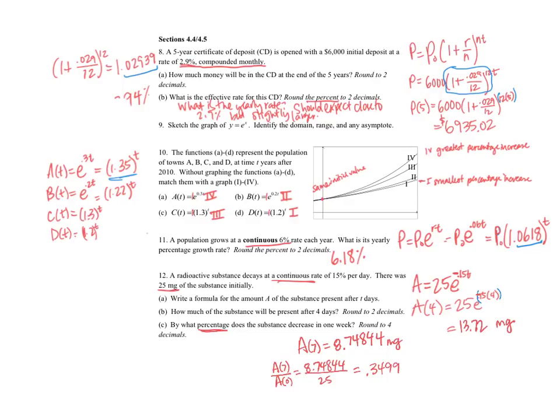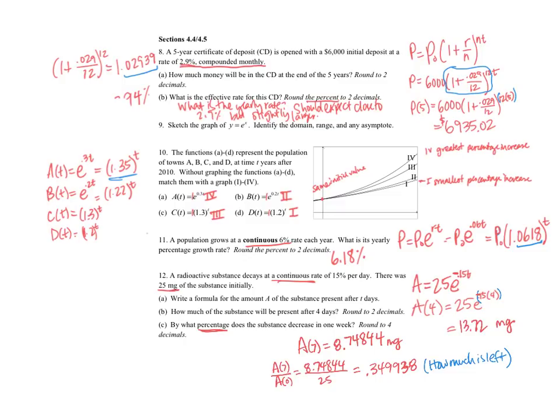And so what that means is that's how much is left. So in other words, I have 34.9% left. But that didn't say how much to decrease. So I need to do 1 minus that, and then I've got it.